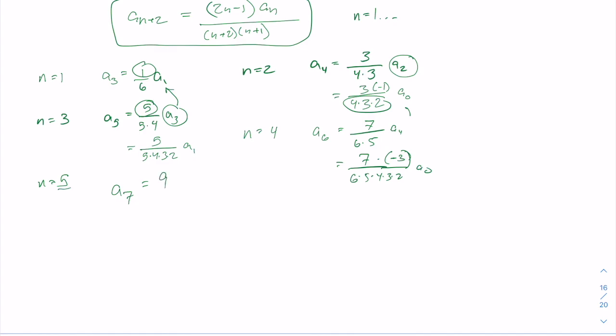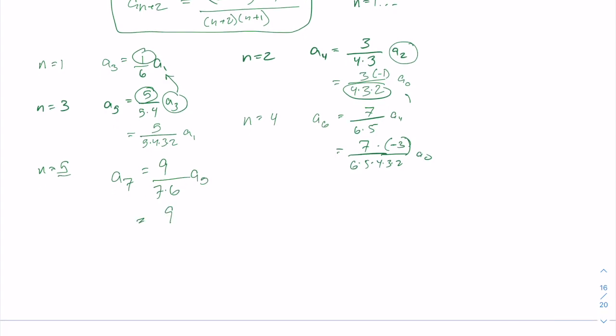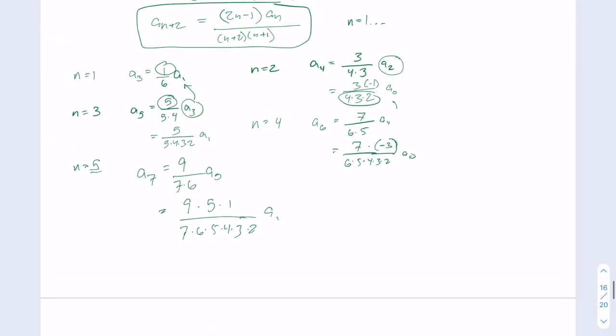Yeah, so it looks like we're increasing by 4 on the top over 7 times 6 times a_5, which gives me this one here. So 9 times 5 times 1 over 7, 6, 5, 4, 3, 2 of a_1. All right, this is getting pretty big. We can kind of see the pattern, though.